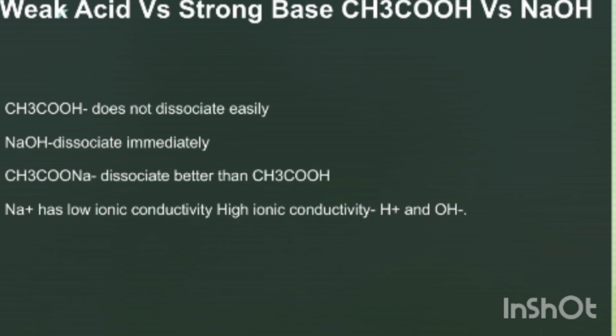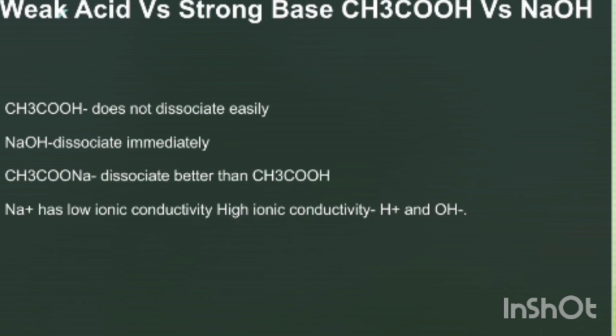Now as we continue adding sodium hydroxide during the titration till the neutralization point, sodium acetate is continuously forming as sodium hydroxide is added to acetic acid. Sodium acetate dissociates better than acetic acid, so the conductance value slightly increases.